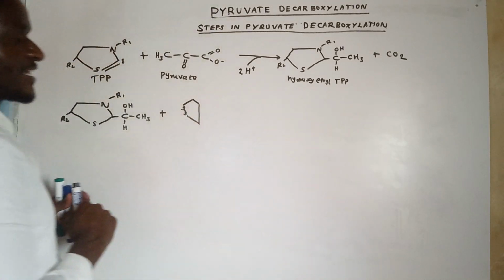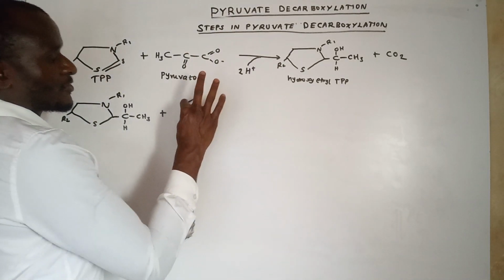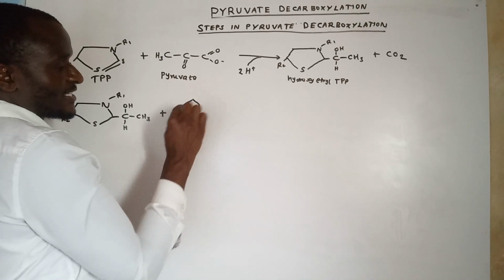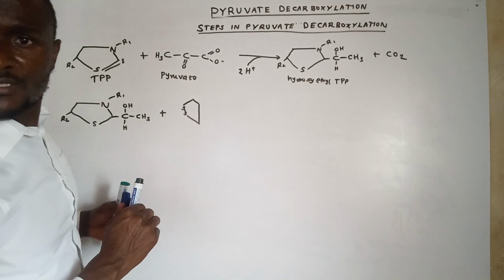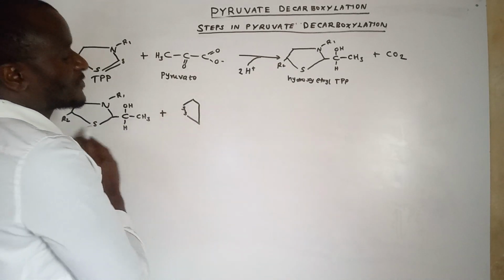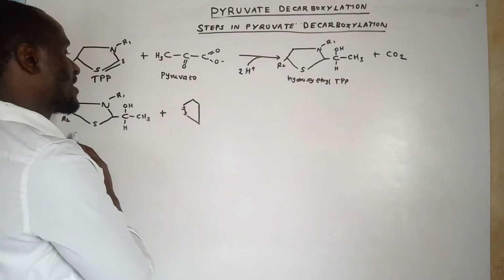This is the lipoamide group. The important part of the lipoamide group is this disulfide bond, the one having 2 sulfur atoms.